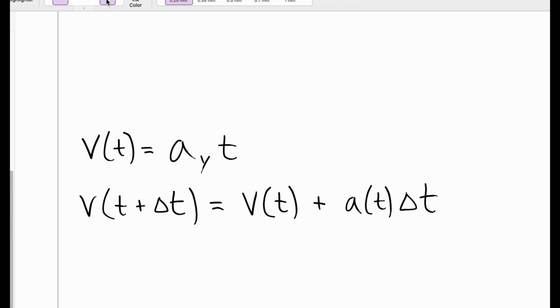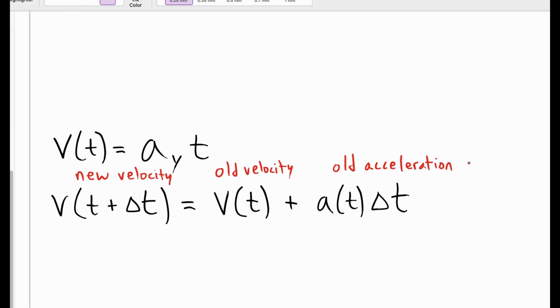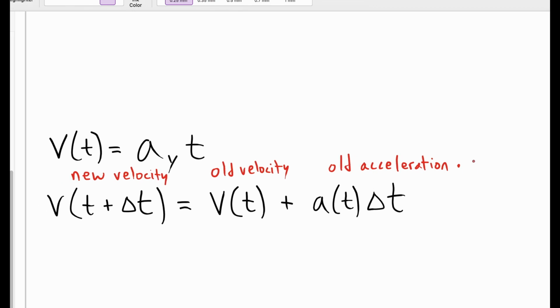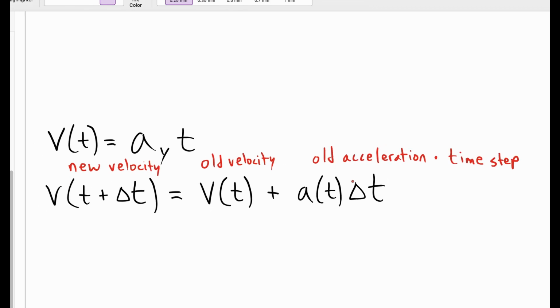So what is the meaning of this? We calculate the new velocity by adding the old velocity plus the old acceleration times the delta t, or the time step. So that's the formula we'd ideally like to enter into the spreadsheet. It would be better for us to use this.